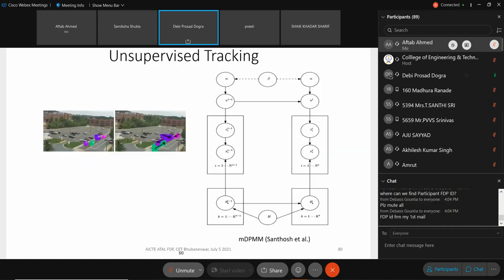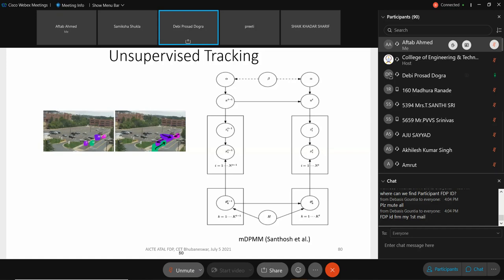Now, in case of a typical unsupervised model, what happens? This is a paper published by one of my PhD students, Dr. Santosh. He published a model called temporal unknown incremental cluster-based modeling, which is a probabilistic model based on Bayesian theory, and it was based on the grouping of pixels.